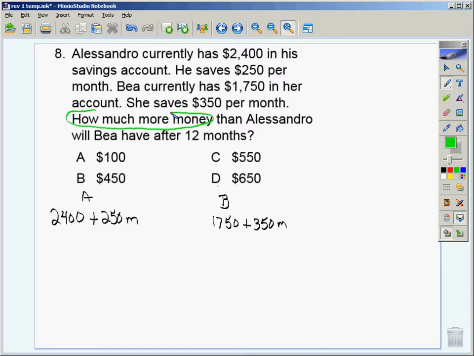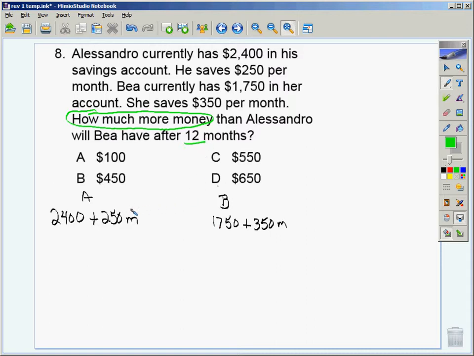How much more money? When they're asking how much more, what are they asking you to do? They're asking me to subtract. So I know that I'm going to have to find out how much each one has and subtract those two.